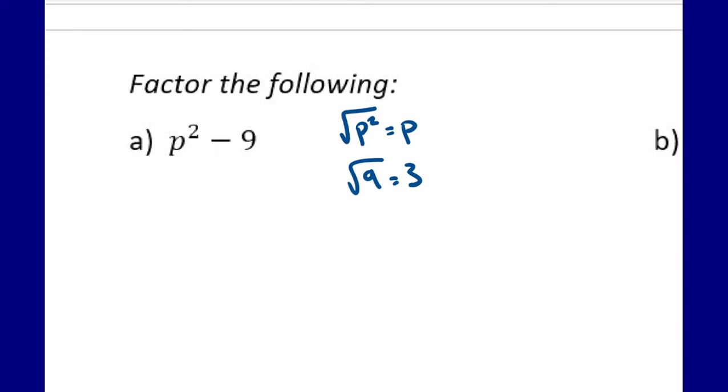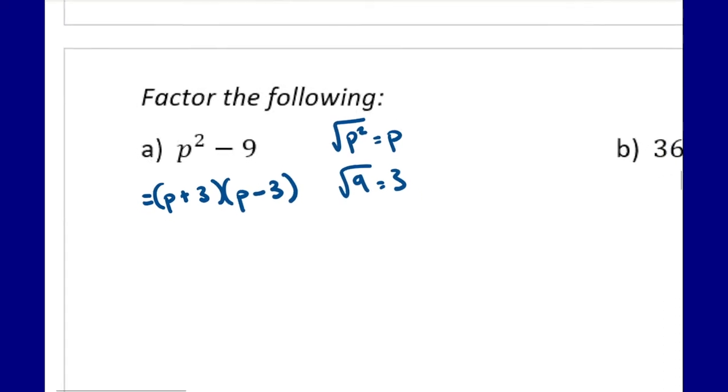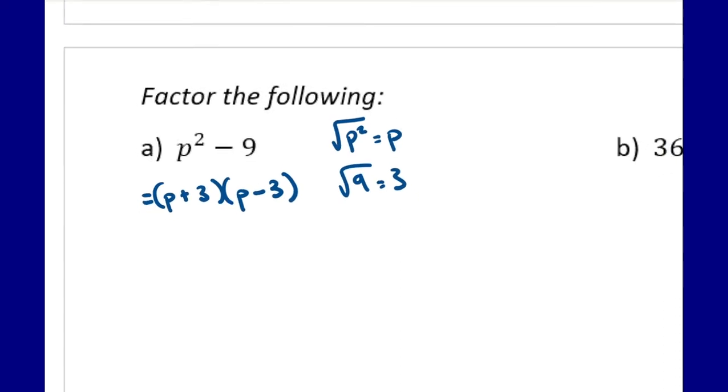This is a difference of squares. So that means I'm going to have two sets of brackets: p in the front, 3 in the back, p in the front, 3 in the back, and then one's addition and one's subtraction. And that's it. That's all we have to do to factor a difference of squares.